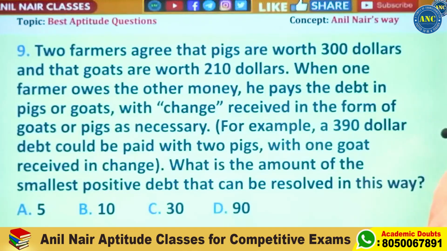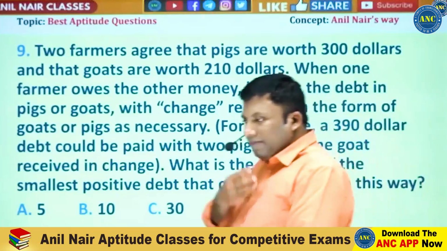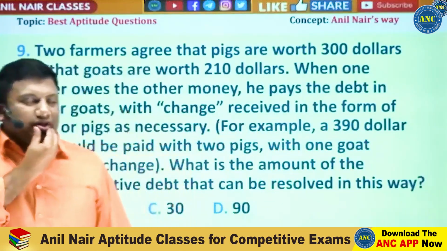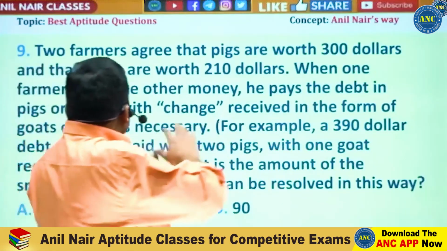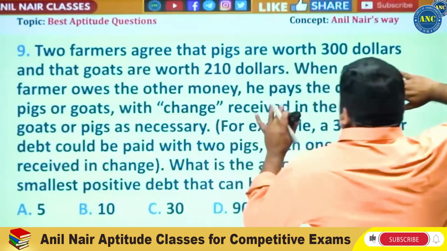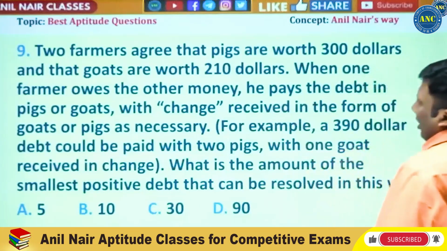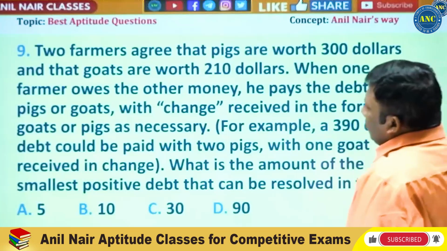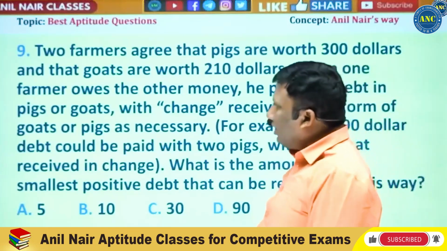Now see the 9th question. Please read this 9th question. Two farmers agree that pigs are worth $300 and goats are worth $210.